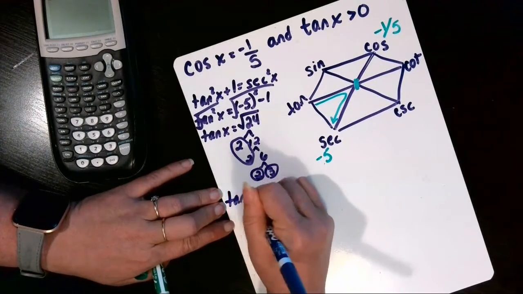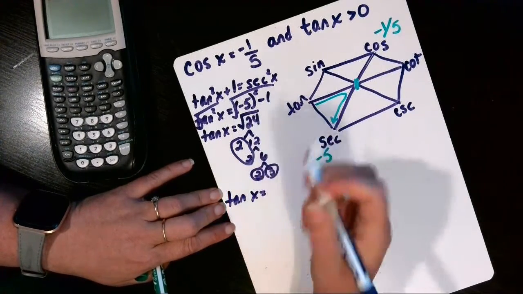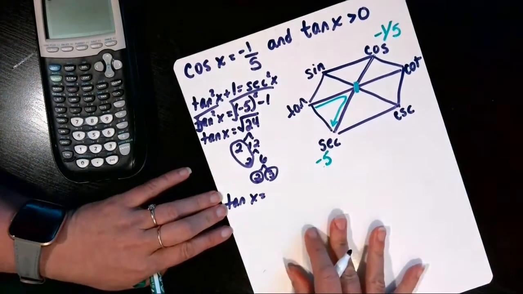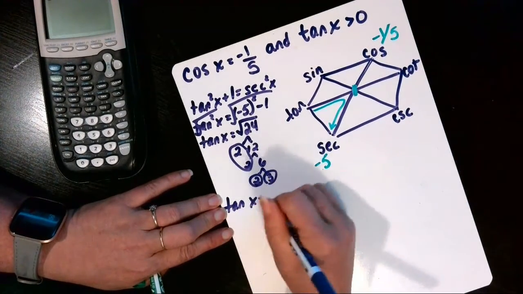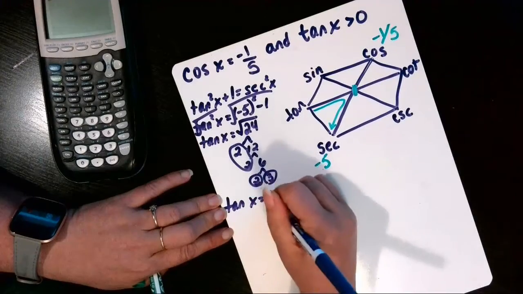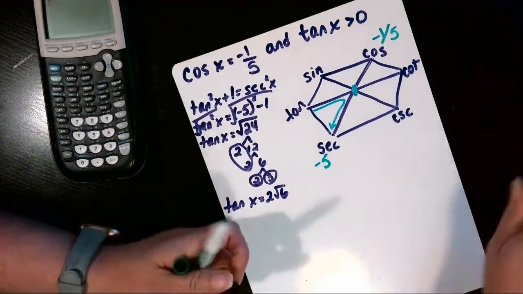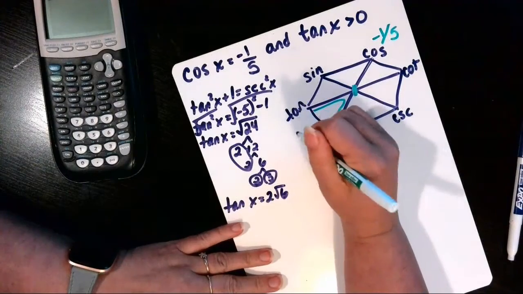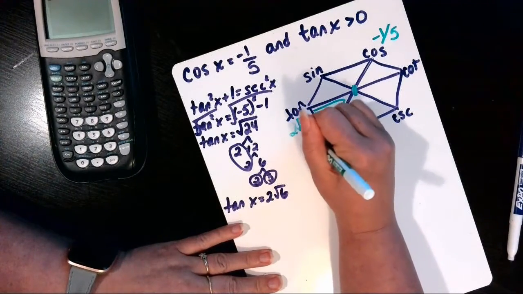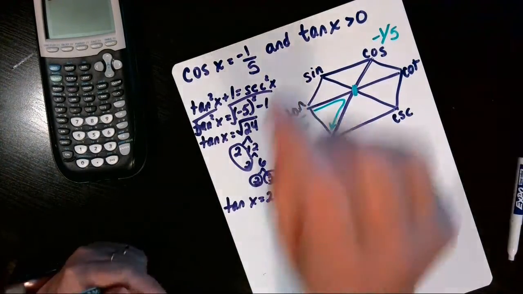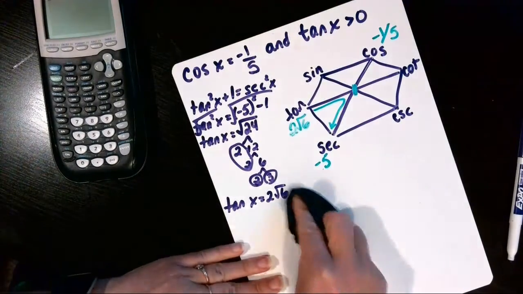So the tangent of x, when we reduce that radical, is going to be positive because it tells us the tangent is positive in this problem. And then we can pull out that 2 and leave the square root of 6. Okay, so that answer then is 2 square root of 6 here for my tangent using the Pythagorean identity.